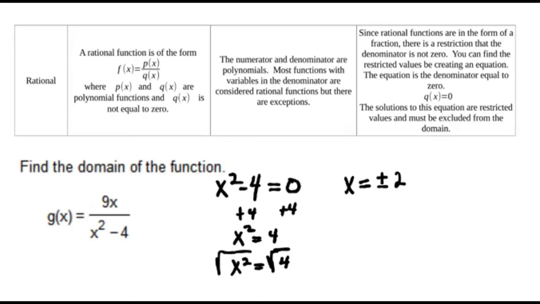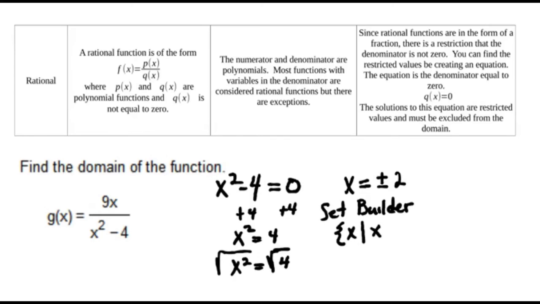And there are a couple different ways that we can write the domain once we know the restricted values. We can write the domain in set builder notation. In set builder notation, we use curly braces to indicate we're dealing with a set. We're going to use the variable x because we're dealing with the domain. We draw this vertical bar, that means such that. And then we're going to put the conditions on the set.